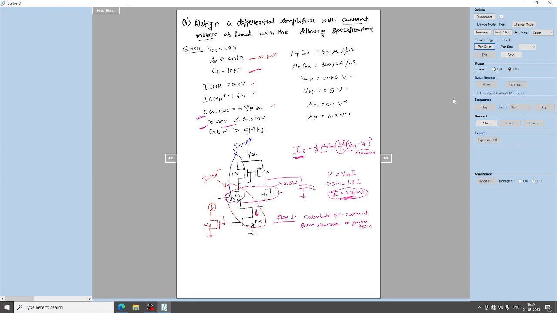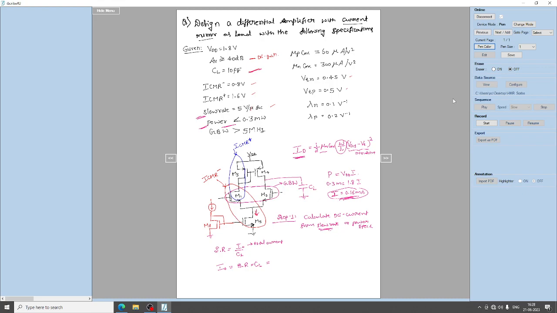Okay, to find it from the slew rate, we have an expression: slew rate is I0 divided by the load capacitance. We have not discussed this expression yet, we will discuss it later. For the time being, consider this expression. The slew rate is the total current I0 divided by the load capacitance. So you can find I0, which is equal to slew rate times the load capacitance.